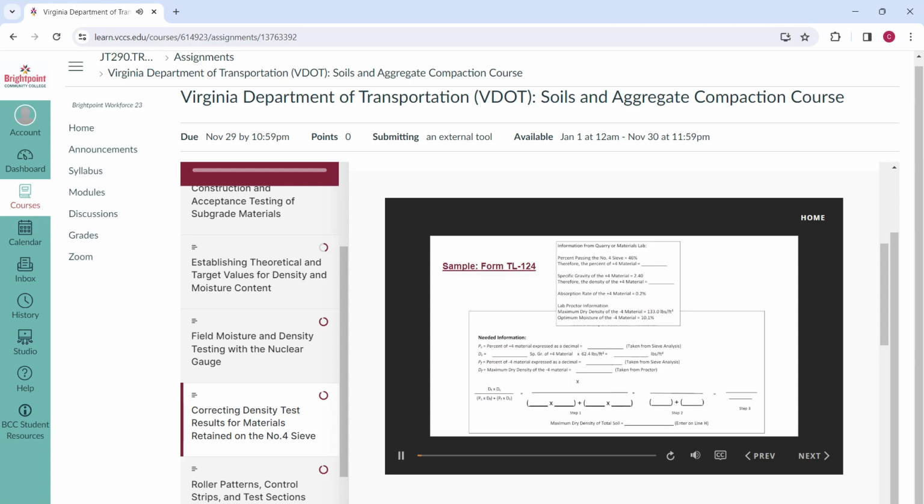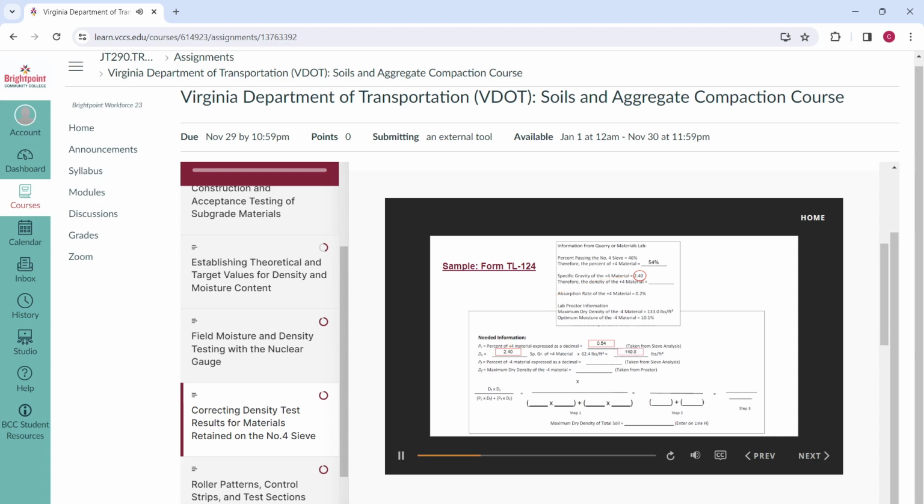In this problem, we will have 4 pieces of information that we will need to complete it. The first, P sub C, is the percent of +4 material expressed as a decimal. We've found this number to be 54%, and as a decimal would be 0.54. D sub C, which is the dry density of the +4 material, can be found by taking the specific gravity of the +4 material, which is given to us in our problem as 2.4, and multiplying it by 62.4 pounds per cubic foot, which is the density of water.